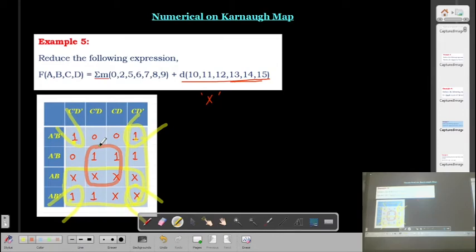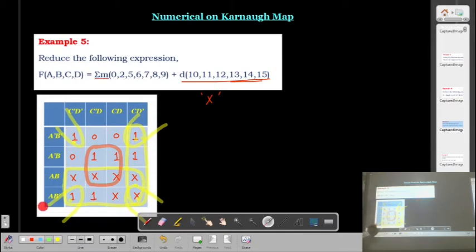So now let us write the expression. First of all, we will write the expression for the octet we have found. Where is your octet? This is your octet. Correct? And if you are moving in this direction, then the C variable and the D variable are changing, so they will not be a part of the expression.